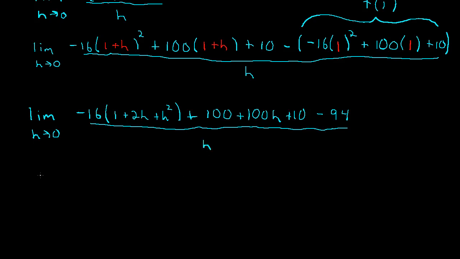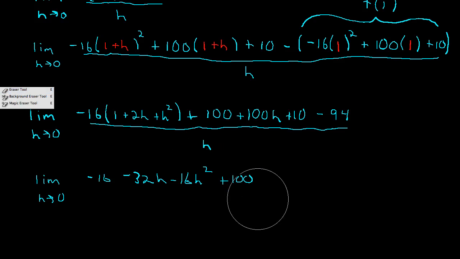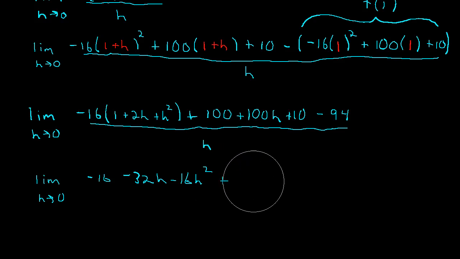Okay, well, going further with this, we have the limit as h goes to 0 of all this stuff right here. Now I can start to distribute my negative 16. This will be a minus 32h minus 16h squared plus 100. Actually, I could even do 110, can't I?